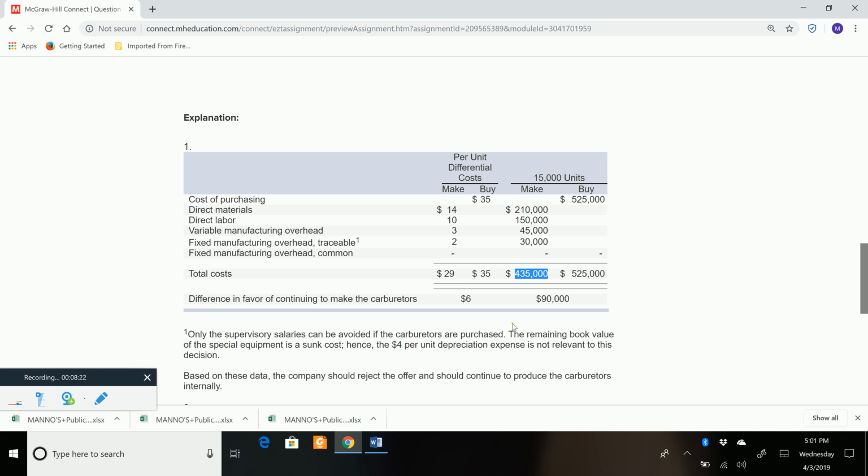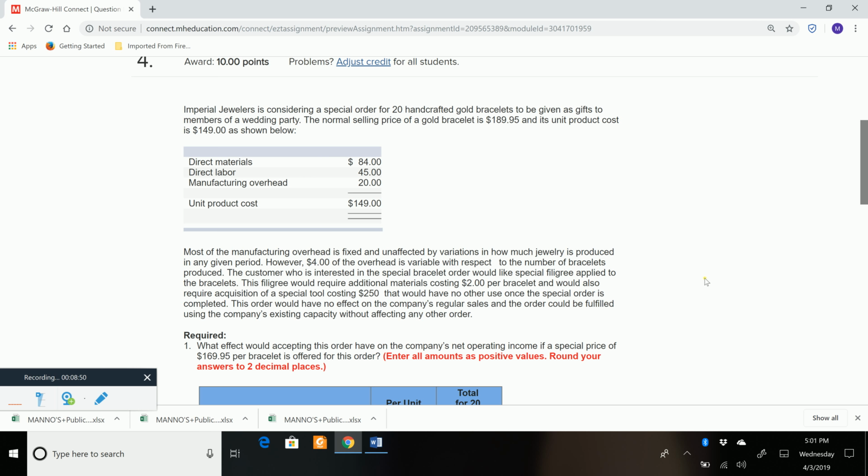All right, we have a jeweler here. They're considering a special order for 20 handcrafted gold bracelets to be given as gifts to members of a wedding party. The normal selling price of a gold bracelet is $189.95. And its unit product cost, which we still see here, materials, labor, and overhead, totals $149.